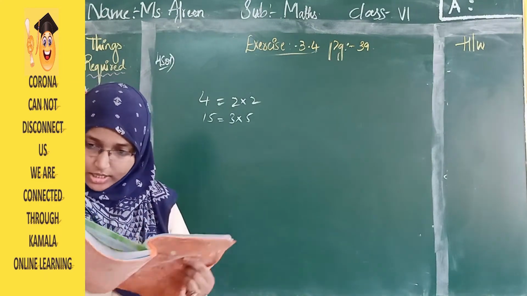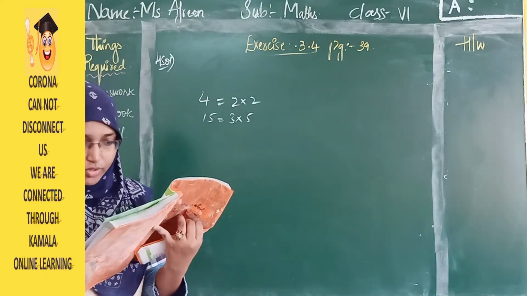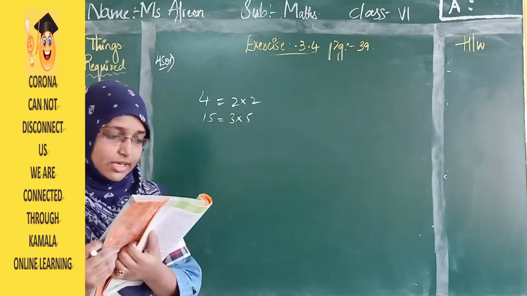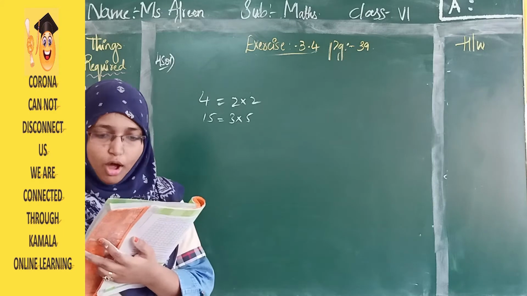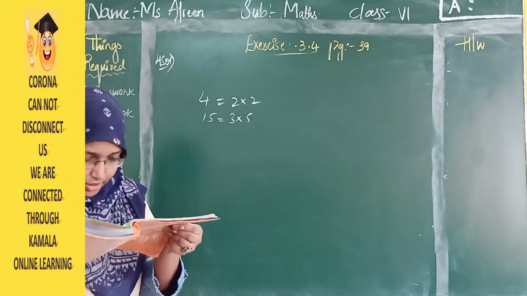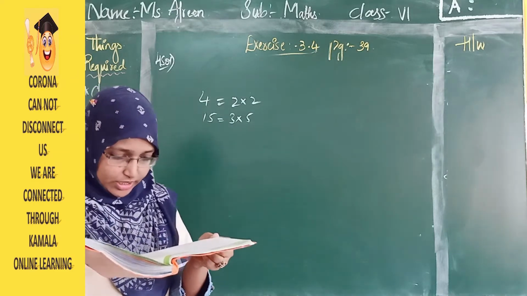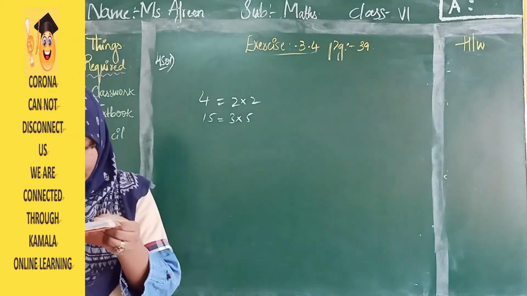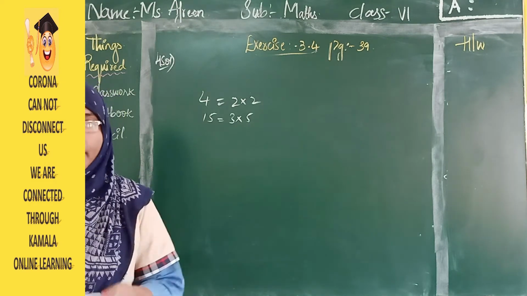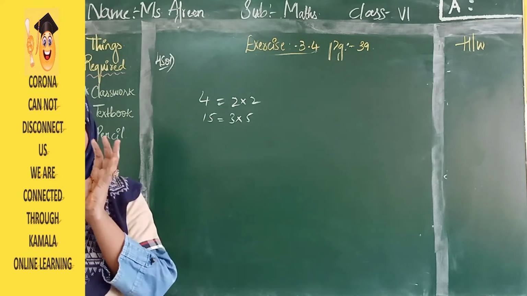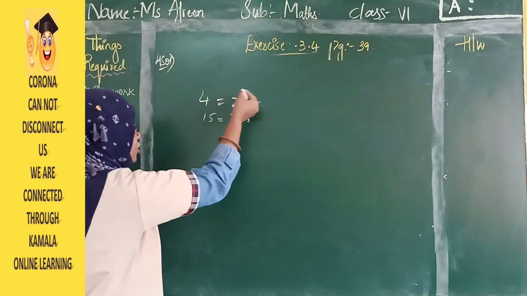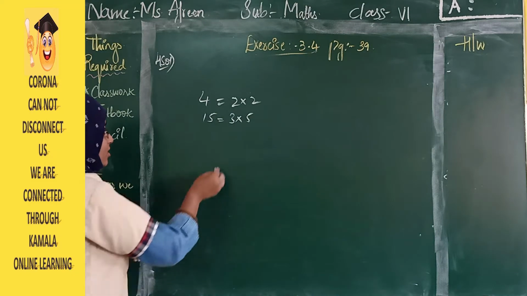On page number 35, the numbers which have only 1 as the common factor are called co-primes or relatively prime. Before that, on page number 34, they gave the factors of 3 and 8, and the only common number is 1. If the common factor is only 1, we call the two numbers co-primes. Now they are saying there is no 1, so the common factor is 0.